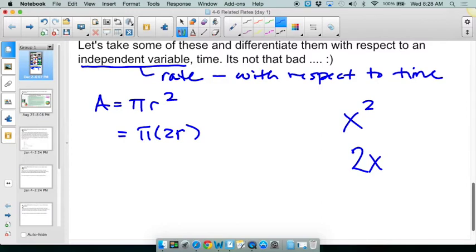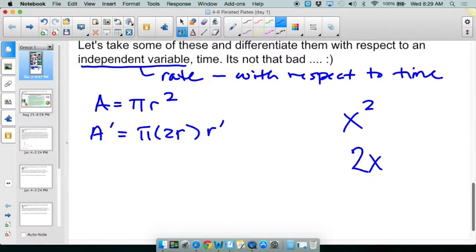So if I take my r squared and I say the derivative is 2r, I've taken the derivative of r squared with respect to r. I need to take it with respect to t. So what do I need out here? R prime, right? Our implicit differentiation. And that equals what? A prime, right? I took the derivative. It's got to equal the derivative of the area.